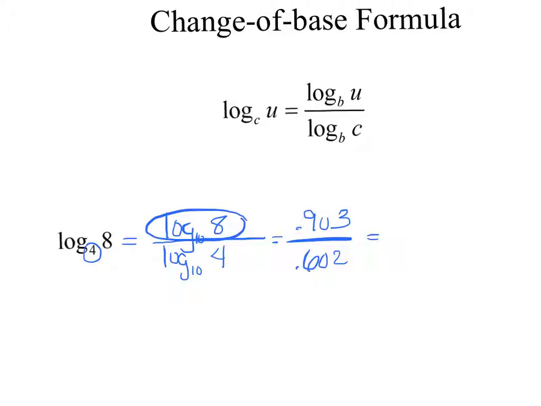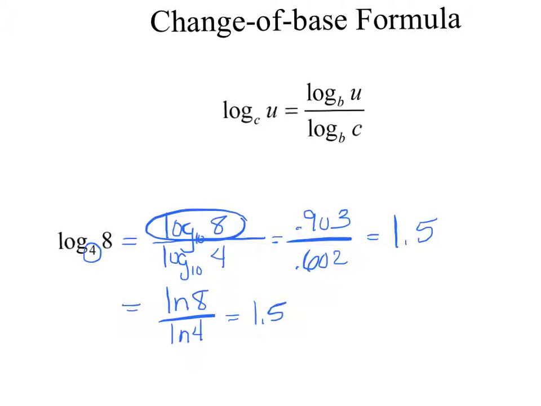So 0.903 divided by 0.602 gives me, I should get 1.5. That should be your answer on the calculator if you plug that in. And you should practice that, of course. You did not have to use log base 10. You could have gone natural log of 8 over the natural log of 4, and you should still get 1.5 on your calculator.